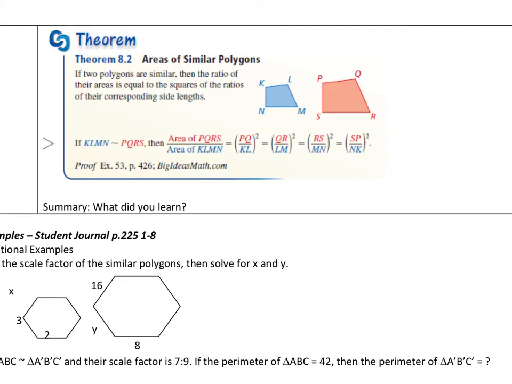So the area will have a squared proportion. If these two have a similarity proportion of A to B, then the area will have a proportion of A squared to B squared. So that's what the area would be.